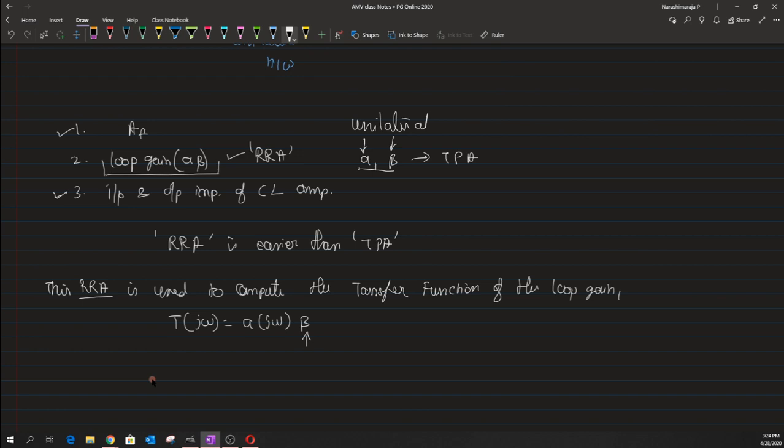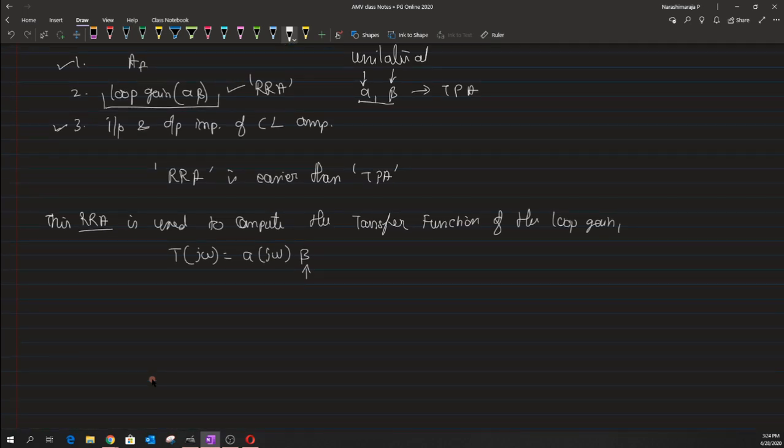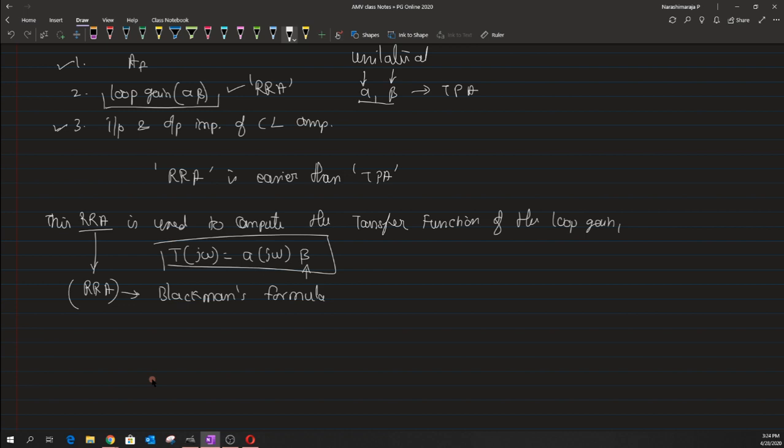And later one could use the result of this return ratio analysis along with what is known as Blackman's formula. The return ratio analysis will give us this particular factor, and one can combine those results into this Blackman's formula to calculate all these closed loop input as well as the output impedances.